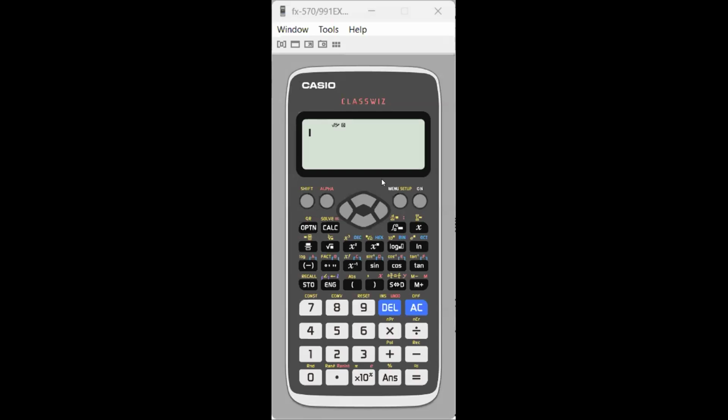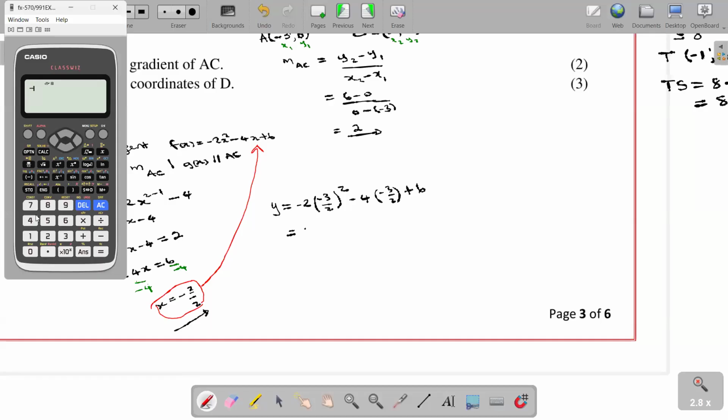So using the calculator, we are having minus 2 times minus 3 over 2 squared minus 4 multiplied by minus 3 over 2 plus 6 there.